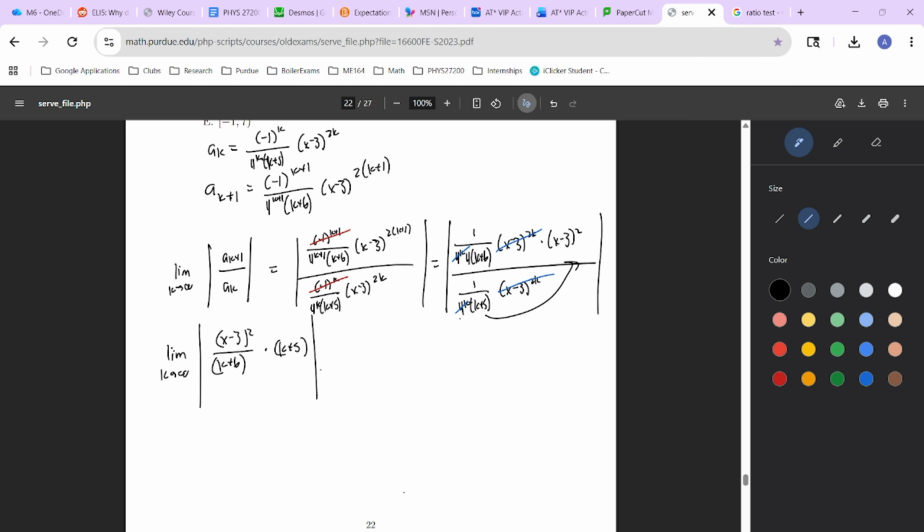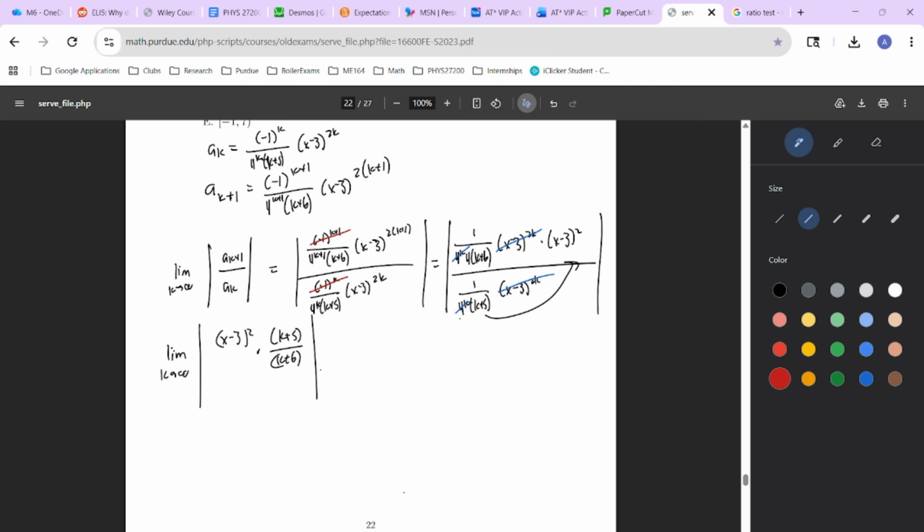Now, what we're left with then is x minus 3 squared multiplied by this ratio between these two terms. But if k approaches infinity, then k will become so large that k plus 5 could be pretty much approximated to equal k at such a large value of k.